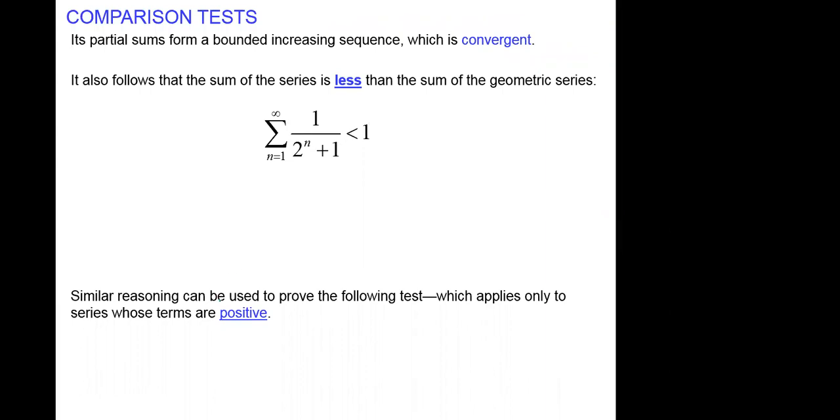One important note is, we can use the comparison test only for series with positive terms. I will pick the red. Please remember, when you see the -1 to the n as part of the formula somewhere, this means it is an alternating series, then we can't really apply the comparison test, because having -1 to the n, one term is positive, one term is negative, positive, negative.